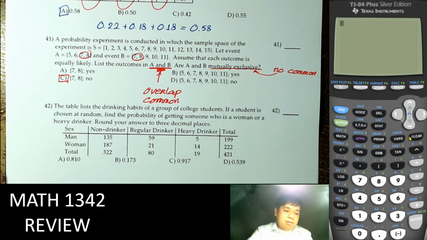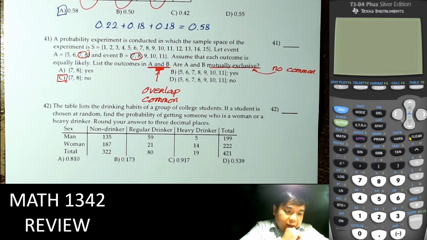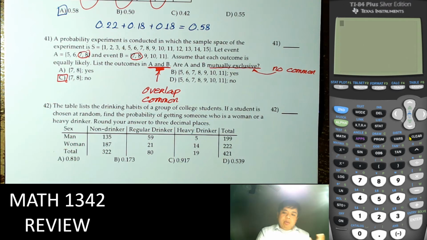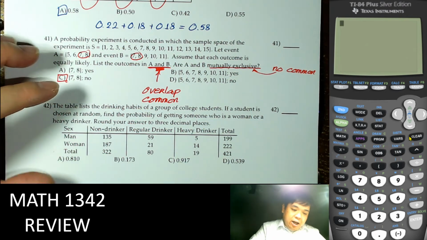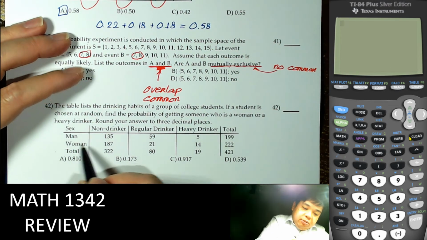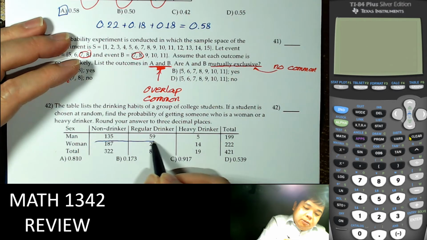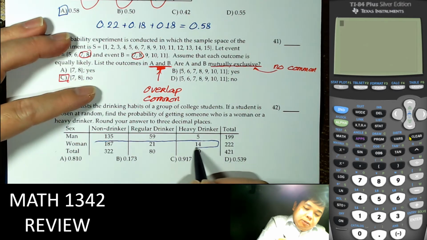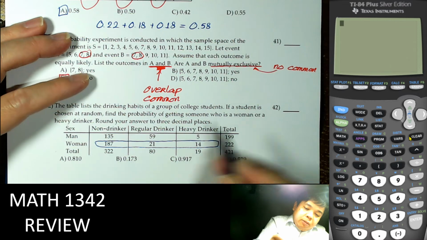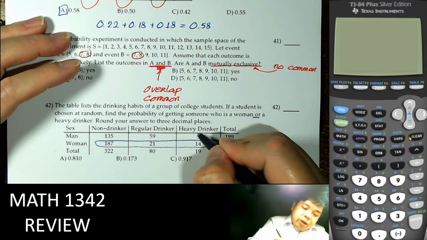Alright, next. The table lists the drinking habits of a group of college students. If a student is chosen at random, find the probability of getting someone who is a woman or a heavy drinker. So pretty much we just count a woman or a heavy drinker.